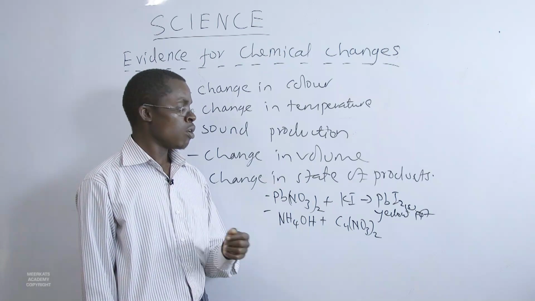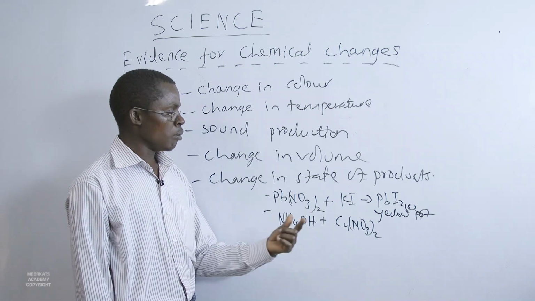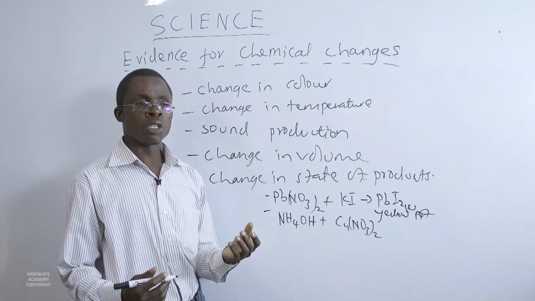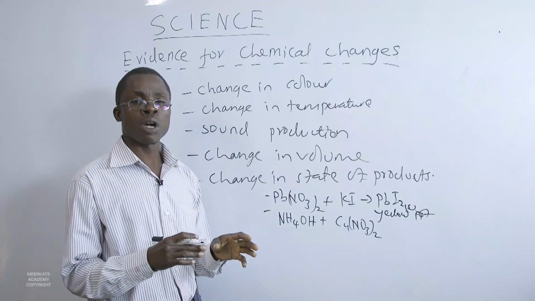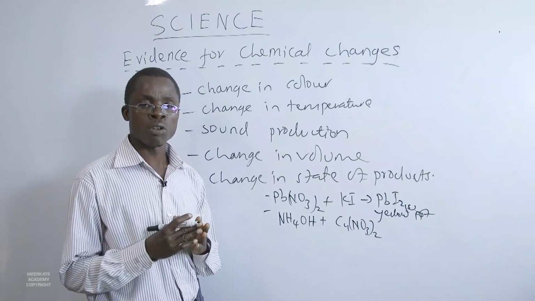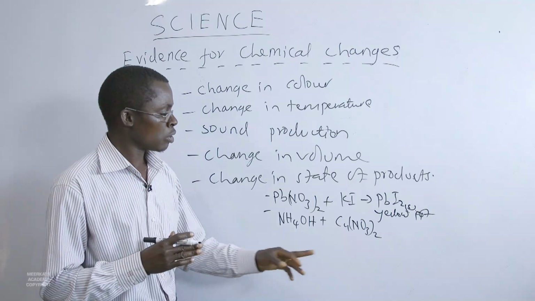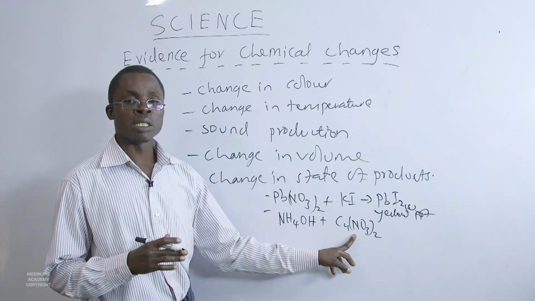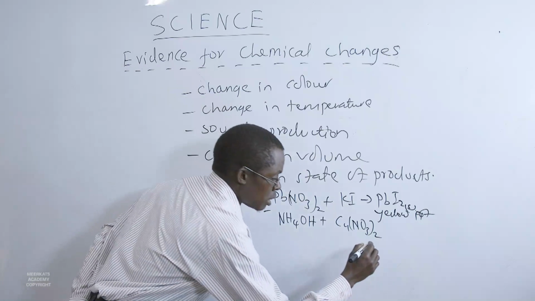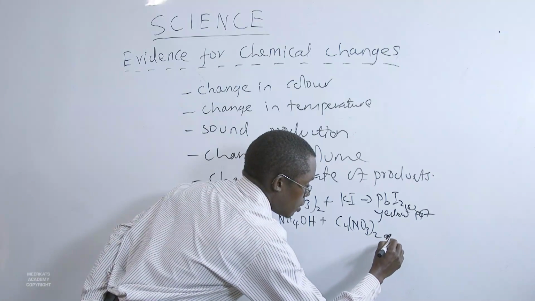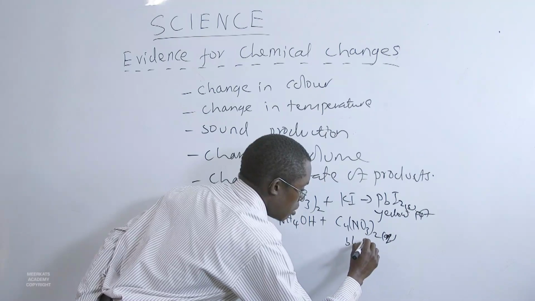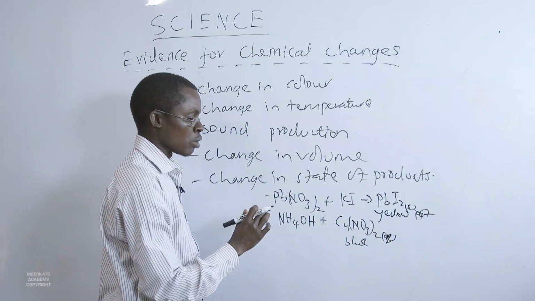And here we have copper nitrate. Now I'm using copper nitrate to show you that it's not a must that we always talk about a colorless solution. We can also talk about a colored solution. So this is a solution, but it is blue in color. This one is colorless, a solution.